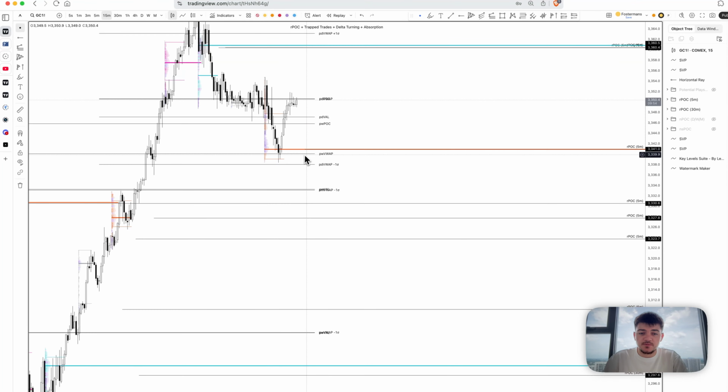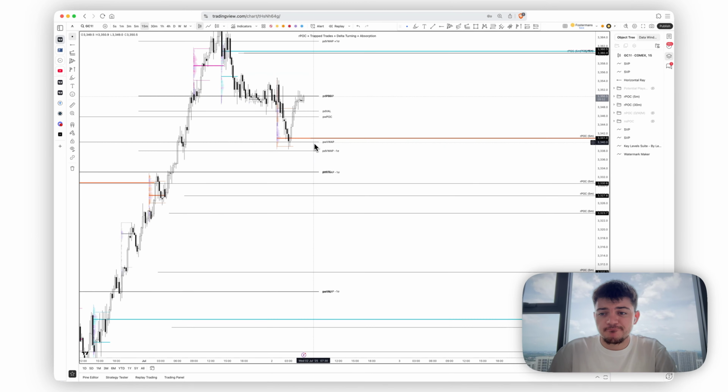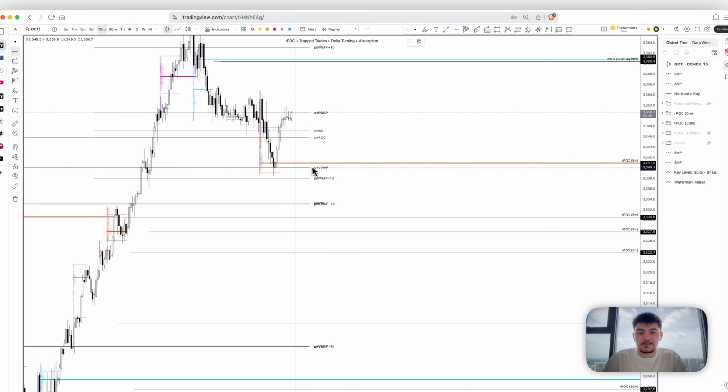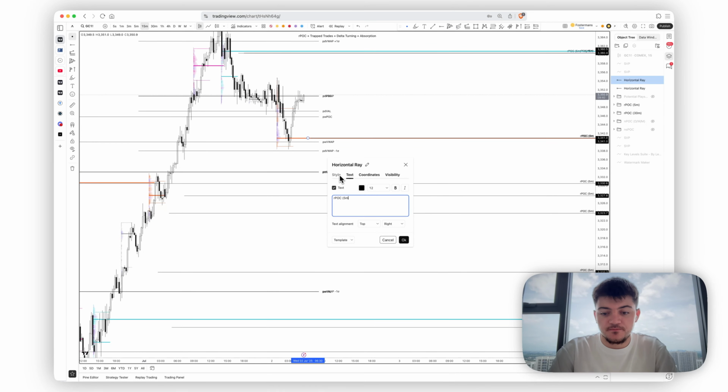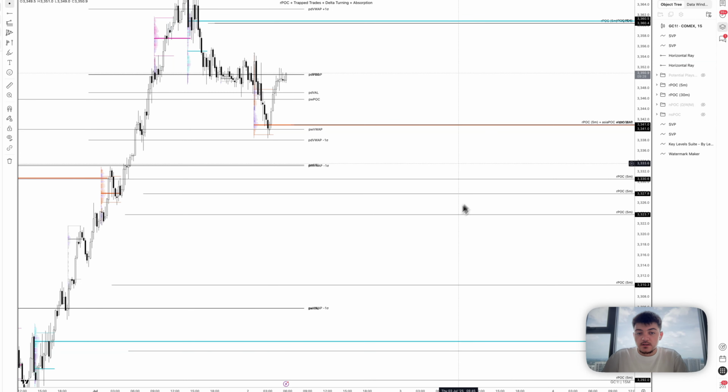This is pretty close, but it's a point in difference. Why not? So we got a range POC on the 5-minute, and an Asia POC on just Asia, and then we got a previous week view up to add to that.